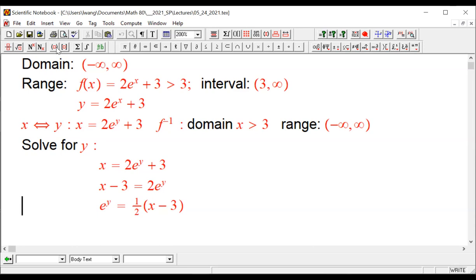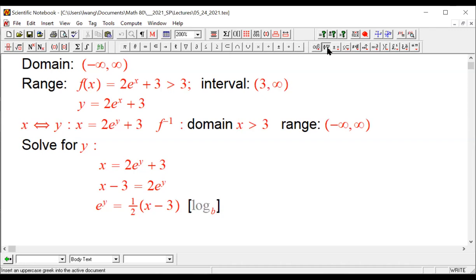And then what? Now we're closer to the definition, right? You look at the definition, left and right, let's do it all over again.